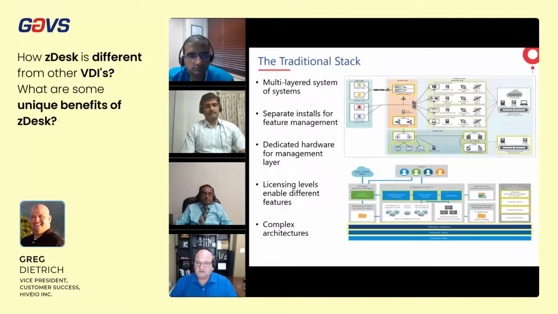With a single layer architecture where every piece of the VDI environment is included in every single install from the very first host, you no longer have that need to have a separate management hardware infrastructure. So immediately you begin to see the capital expense reduce, right? Or move those workload hosts into what we call a resource host and build out more VDIs.